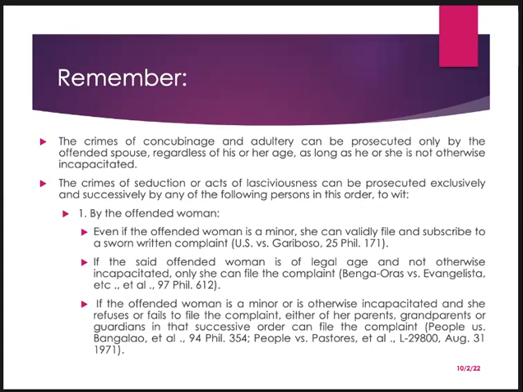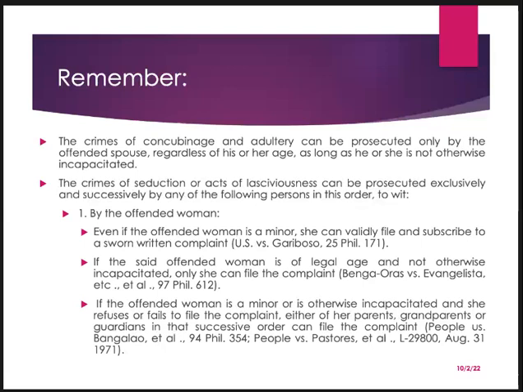Now, the crimes of seduction or acts of lasciviousness can be prosecuted exclusively and successively by any of the following persons in this order. Okay? Una, by the offended party or by the offended woman. So even if the offended woman is a minor, remember that she can validly file and subscribe to a sworn written complaint.